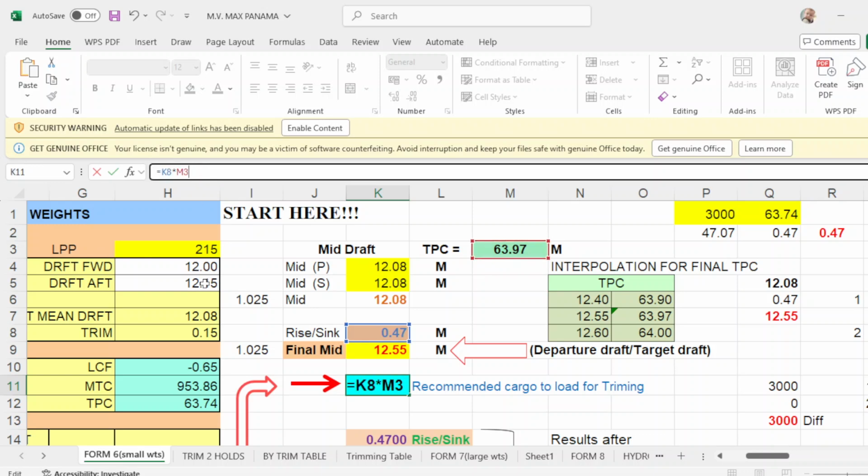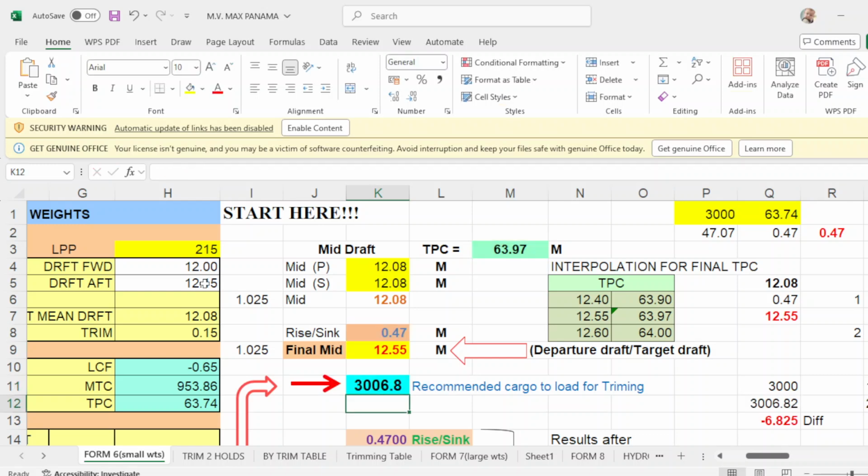Then multiply by 100 and press enter. Then you have 3,006.8. So there's an excess cargo of 6.825 metric tons over 3,000.